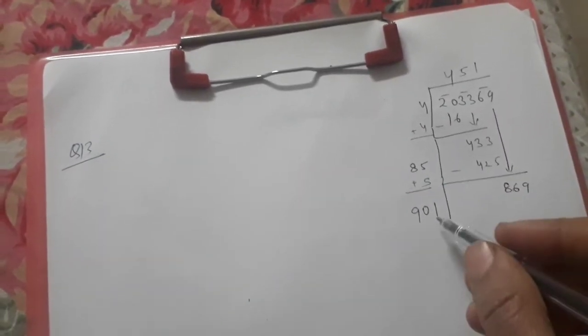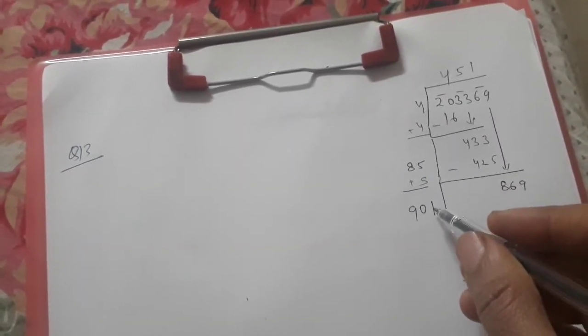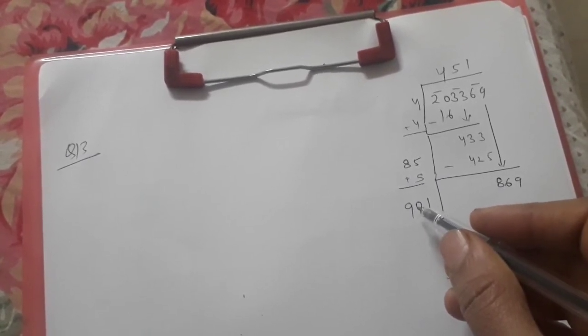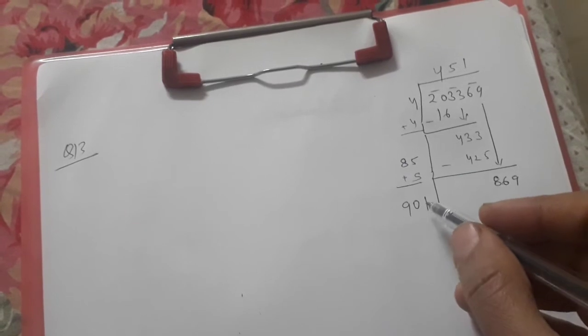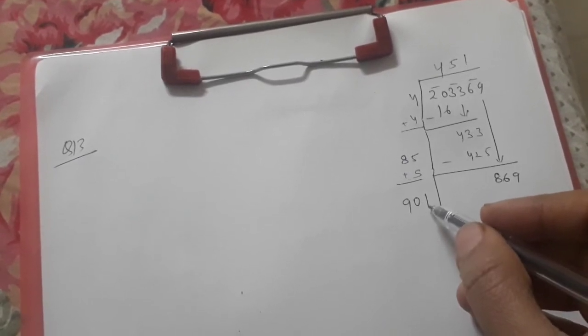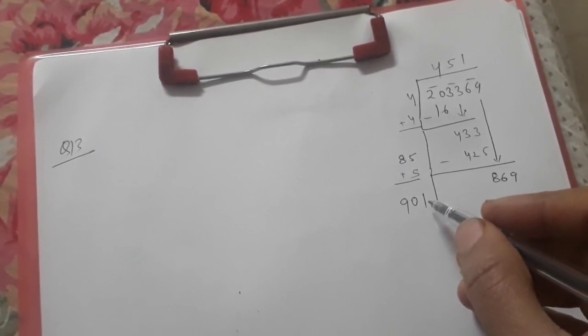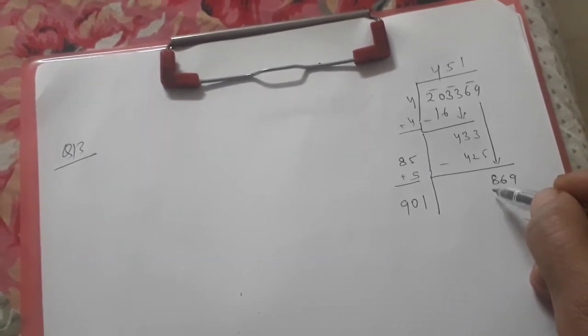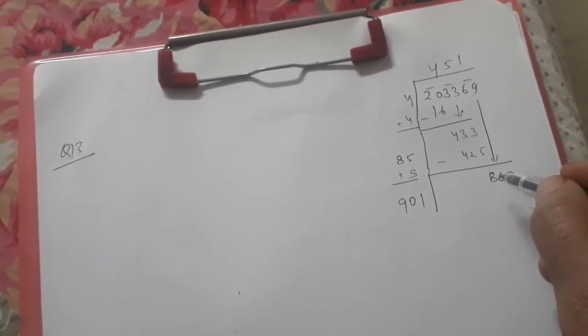If we take 90, the whole number gets multiplied by 0, so the number would become 0 only. So we have to take 1 for sure, but if we take 1, our answer will be greater than 869.